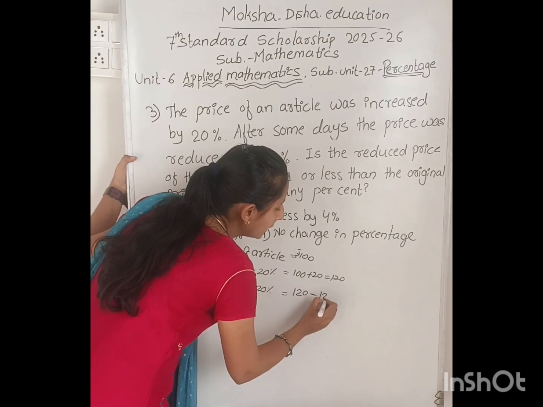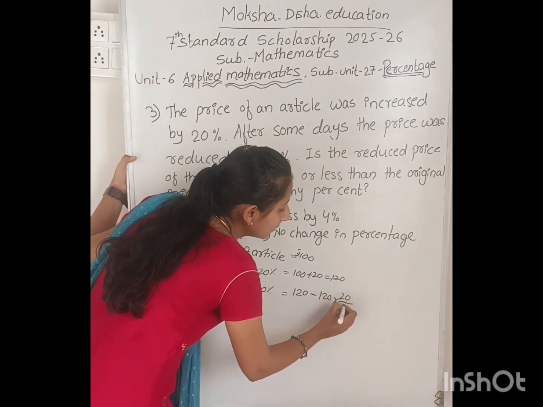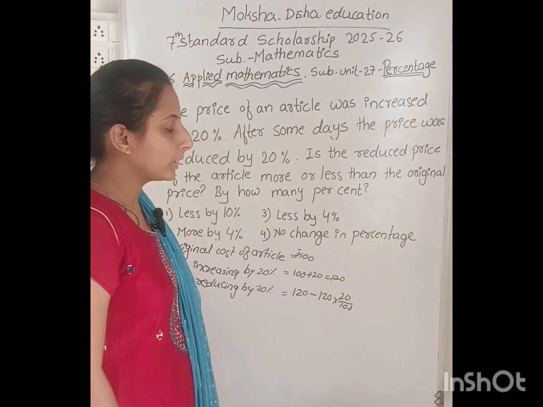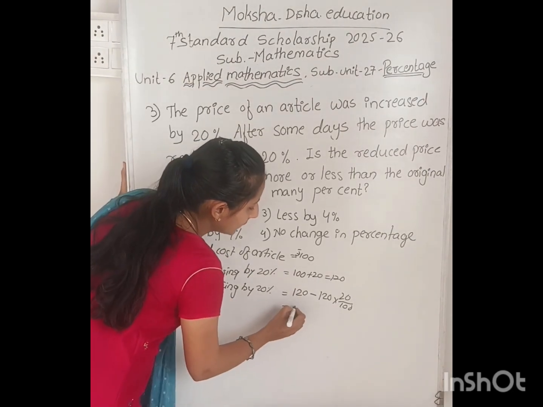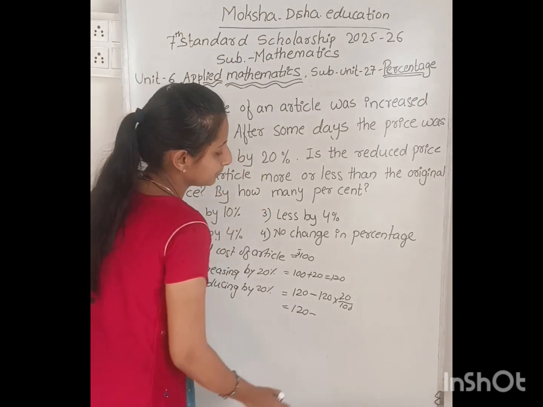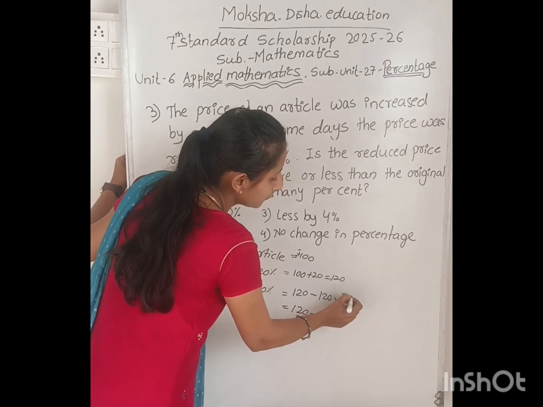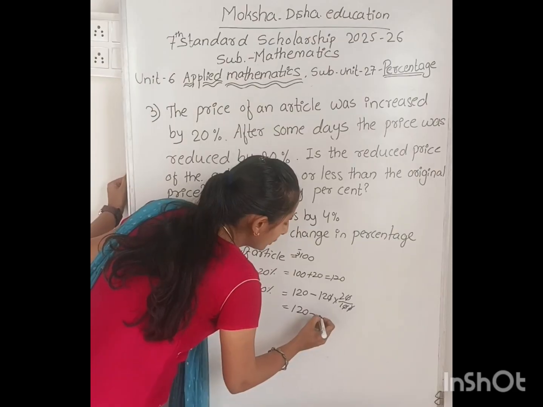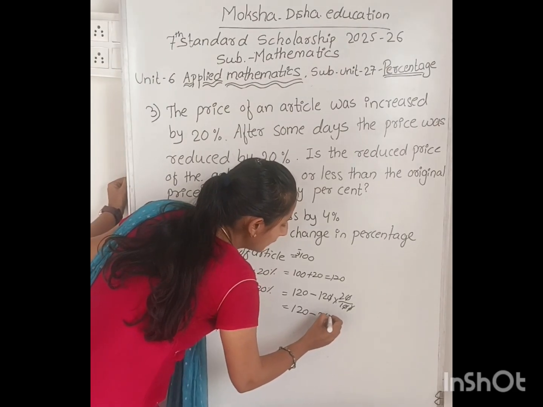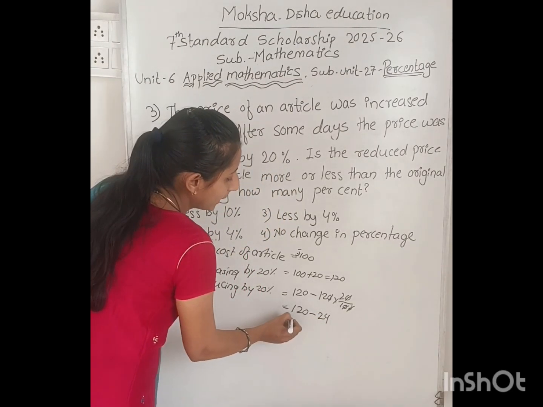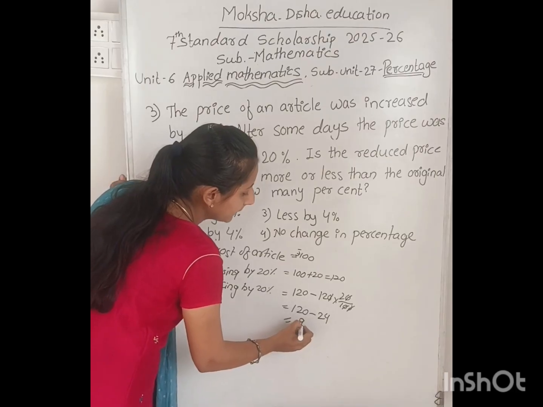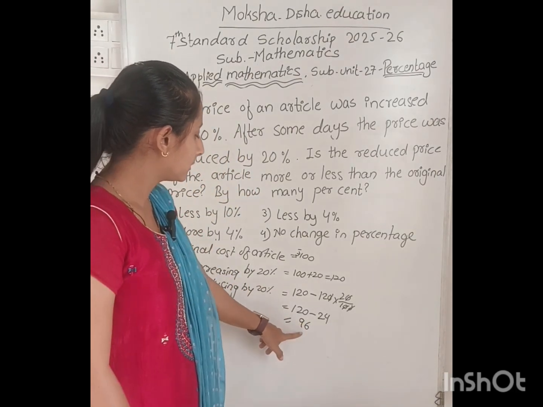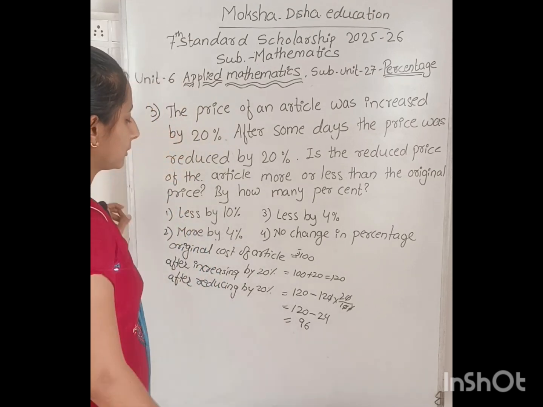So, 120 into 20 upon 100. 20 upon 100 means 20% of 120 we have to find out. Equals 120 minus, these two zeros from denominator and these two zeros from numerator will get cancelled. So it is 12 twos are 24, and 120 minus 24 is 96 rupees. After reducing by 20%, the cost is 96 rupees.